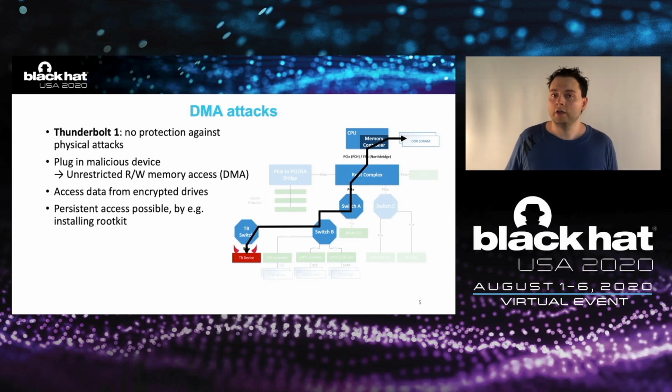For Thunderbolt 1, all the attacker had to do was basically connect a peripheral and then get unrestricted read and write memory access. As a result, the attacker could access data from encrypted drives, and to gain persistent access, they could install a rootkit.